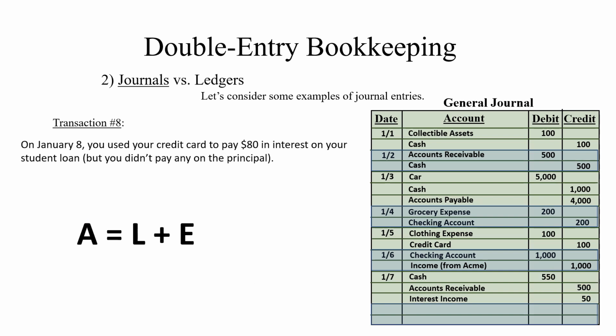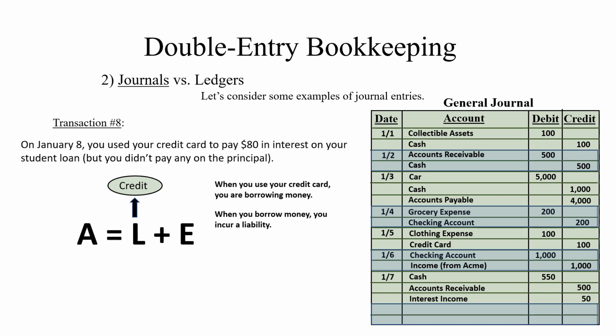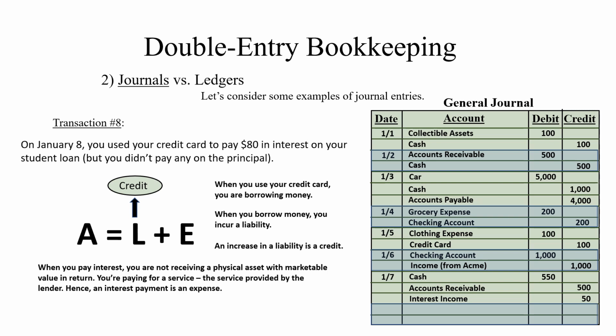Transaction number 8. On January 8th, you used your credit card to pay $80 in interest on your student loan, but you didn't pay any on the principal. As you know, when you use your credit card, you are borrowing money. And of course, when you borrow money, you incur a liability. And an increase in a liability is a credit. When you pay interest, you are not receiving a physical asset with marketable value in return.